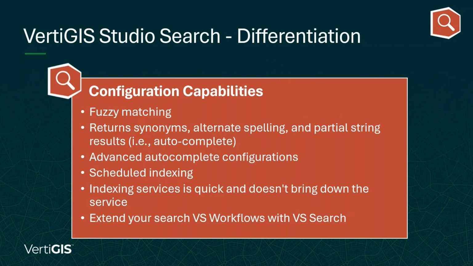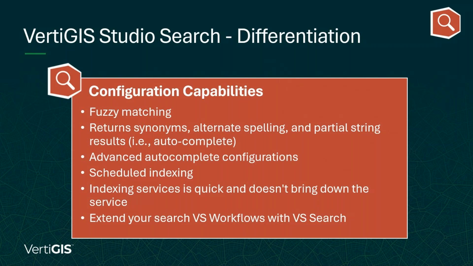There's also scheduled indexing, which we'll touch on in a minute here. And the indexing service itself is quick to run. If we're talking about tens of thousands of records, typically it only takes a few seconds, usually less than 10 seconds, and it doesn't actually bring down the map service that you're indexing. And the last point here is that you can extend your VertiGIS Studio workflows with Studio Search.